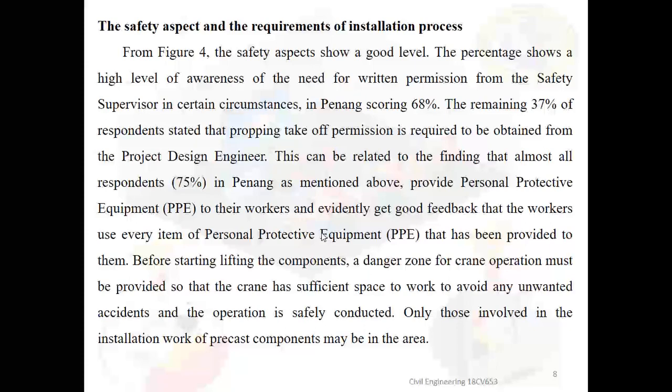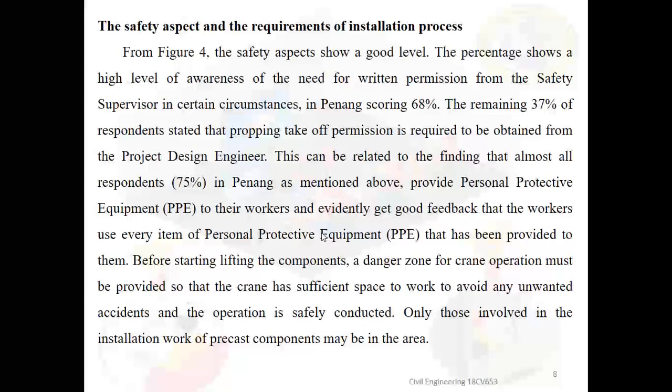Before starting lifting of the components, a danger zone for the crane operator must be provided so that the crane has sufficient space to work, to avoid any unwanted accidents and for safe conduct of operations. Only those involved in the installation work of the precast components may be in that area.